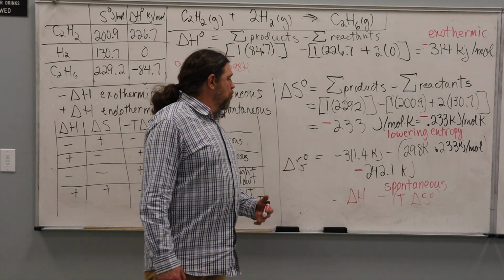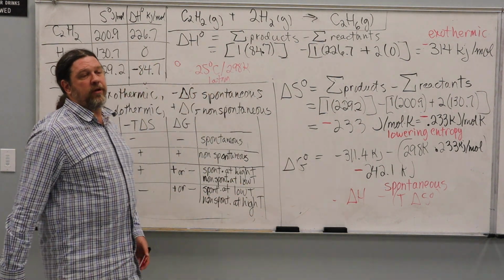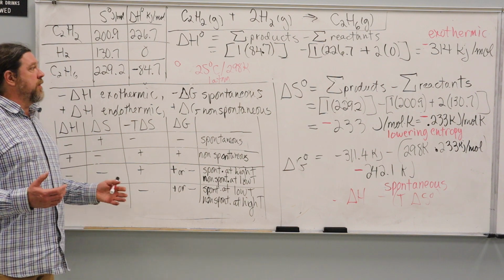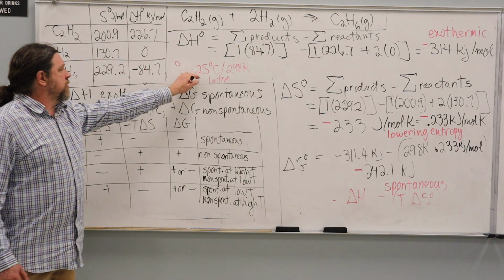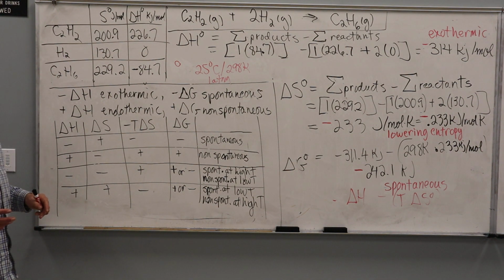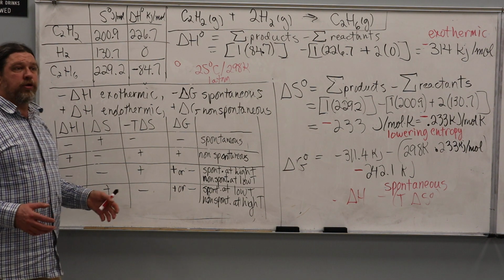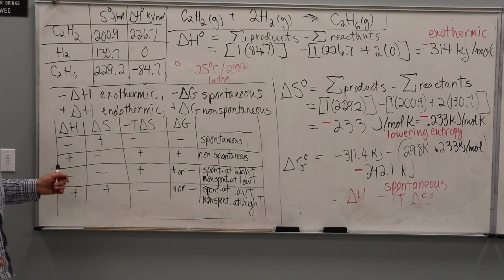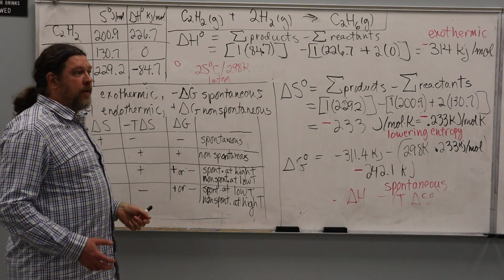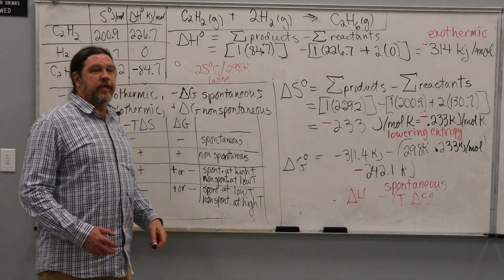Of course, if we dropped the temperature significantly in this reaction, we may not have a spontaneous reaction. But in this case, standard conditions of 25 degrees Celsius, or 298 Kelvin, at 1 atmosphere of pressure was enough to do so. Once again, whenever we see that naught symbol in this type of analysis, we are assuming these conditions.